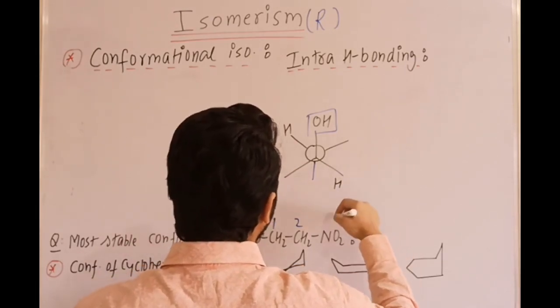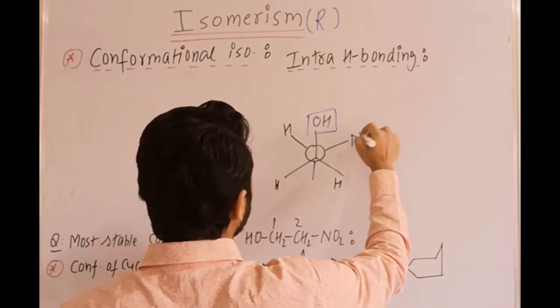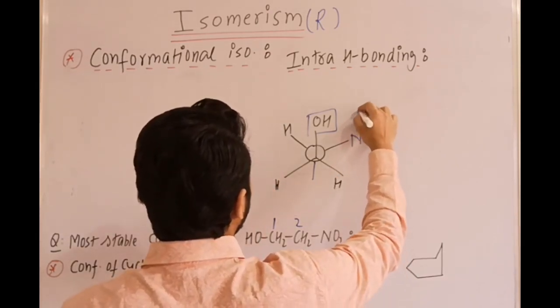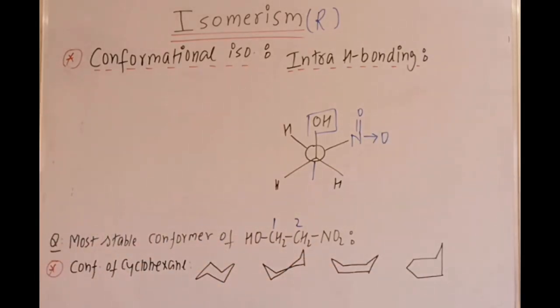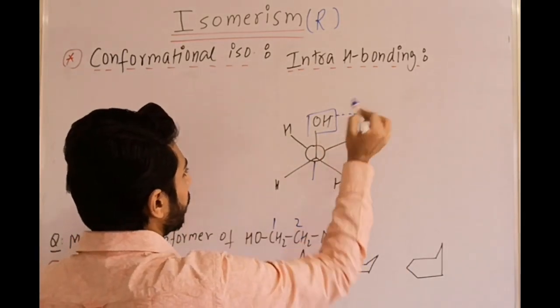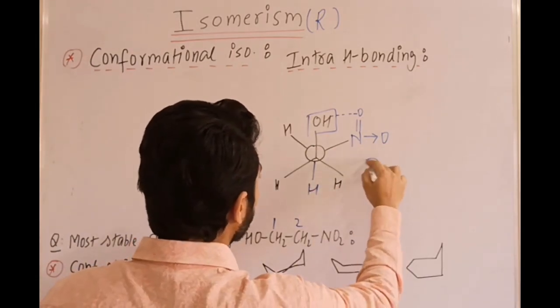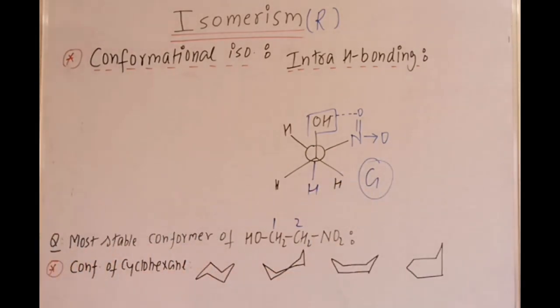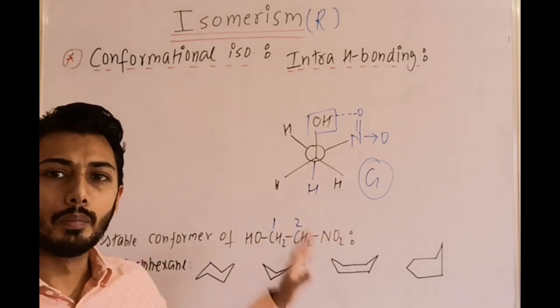Now we know that NO2 can also participate in H bonding with the hydrogen of oxygen, and therefore the most stable form will be the gauche form, not the anti form. If the H bonding factor is not there, then the anti form will be more stable.